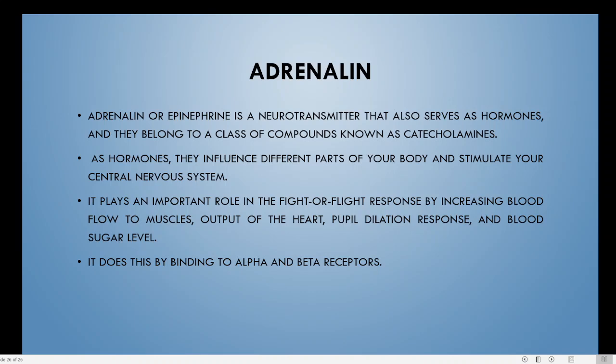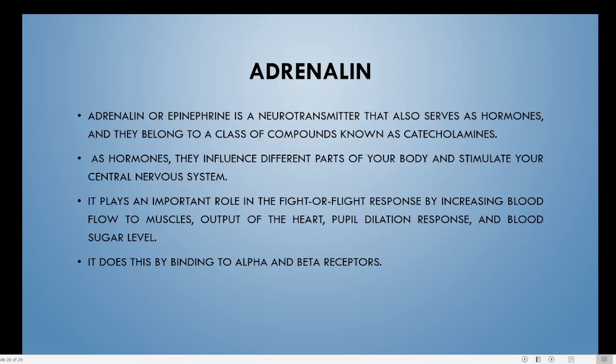During any kind of physical emergency, for example, if you feel that your life is at risk, immediately a lot of adrenaline will be released. So it has an important role in ensuring the survival of the person. That is why it is a fight or flight neurotransmitter.